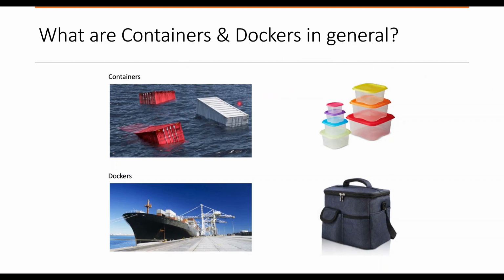As you can see, containers, despite being self-sufficient to keep things in proper isolation, still need some other sort of platform or system to keep them organized for proper transportation, and these arrangements are called Dockers. Dockers are the platform and the services used to keep the containers in an organized manner for ease of transportation and operations. It can be a dockyard and a ship or a normal lunchbox to carry multiple containers.